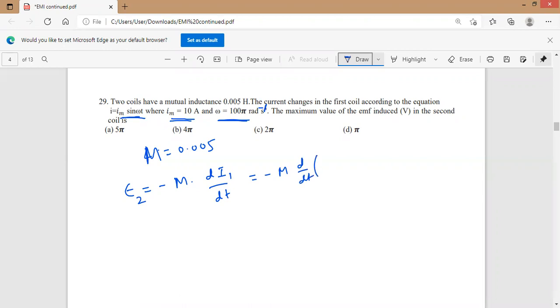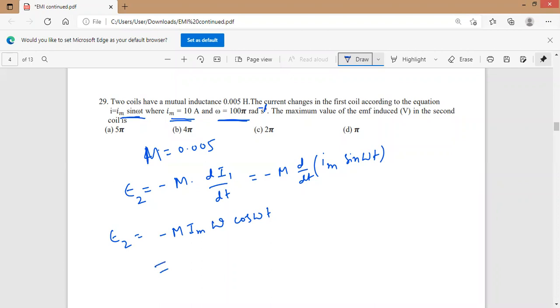Differentiating, epsilon 2 is equal to minus M Im omega cos omega t.